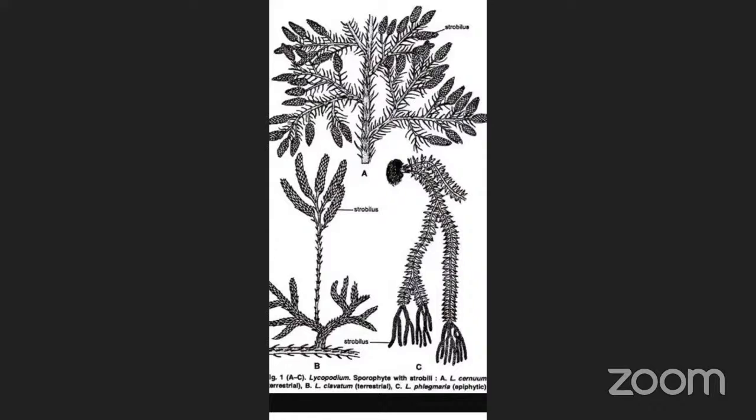Leaves are sessile, and the leaf base is broad. They are unbranched, and a midvein is also present. These leaves are spirally arranged on the stem.